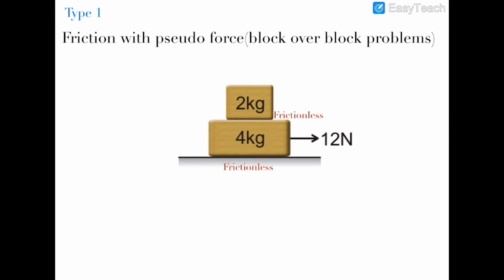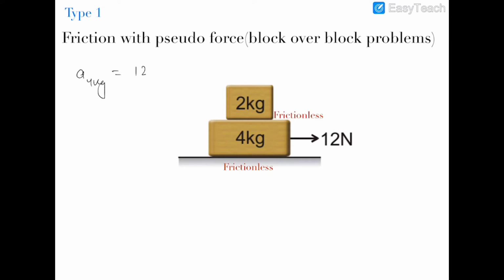First of all, as the applied force is acting on the 4 kg block, and both the surfaces of the 4 kg, upward surface and downward surface, are frictionless, there is no opposing force on the 4 kg, and hence this 4 kg will move with an acceleration a = F/m.